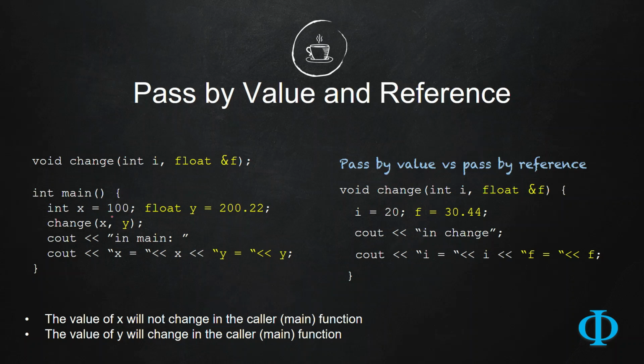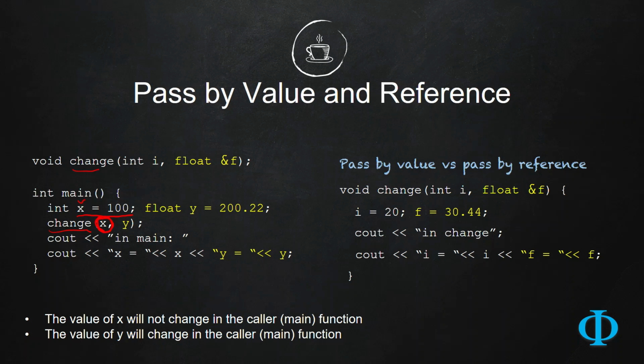Let's say there is a function called change, and inside this change you want to pass an integer x as the first argument. Whenever you are calling the function with x like this, you are actually not passing the original x here.